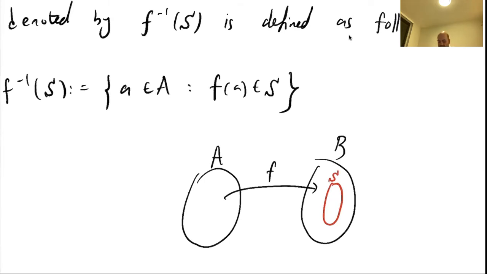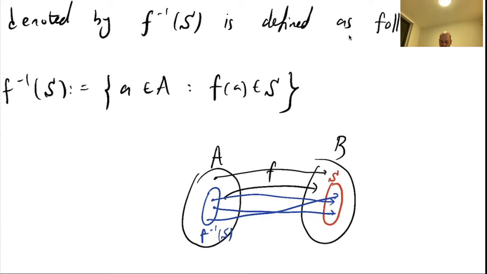It's going to be all elements inside A which are going to be mapped inside S. So let's say, for example, this is going to be mapped here, this is going to be mapped here, this is going to be mapped here. Then this is going to be f inverse of S. And let's assume anything outside of this is going to be mapped outside of S.